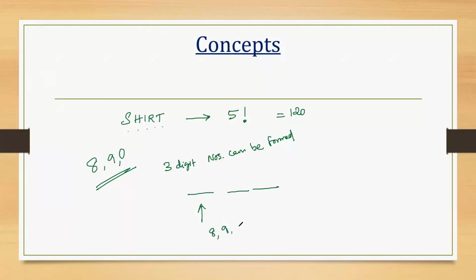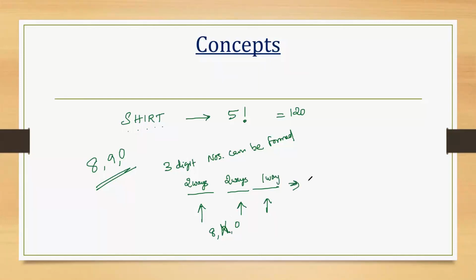Out of 8, 9, 0, only 8 and 9 are possible, so only 2 ways. In the second place, suppose 9 is placed first. In the second place, 0 may occur, so again we have 2 ways. The last place, only 1 way.